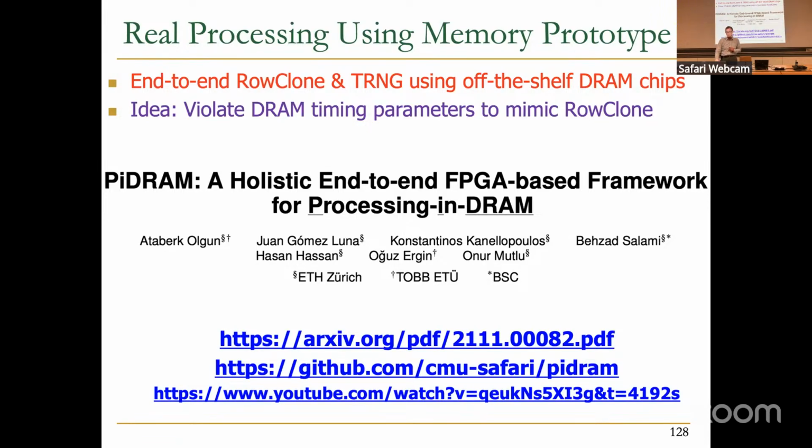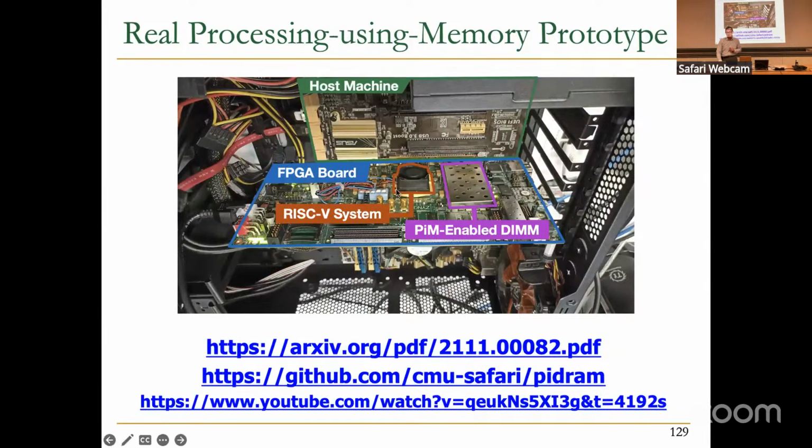It's an end-to-end framework. And the idea is you have a RISC-V processor in the FPGA. It's executing a program, and the operating system is changed such that you can map the page you're going to copy to the destination page that you're going to copy into the same subarray where the source page is. So you need to change the operating system and memory mapping for that.